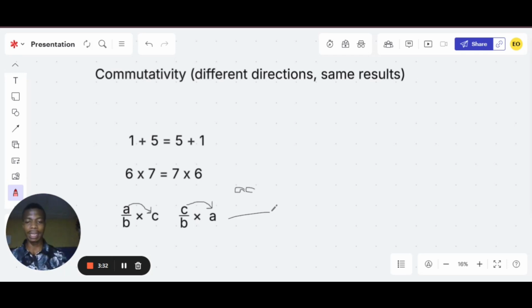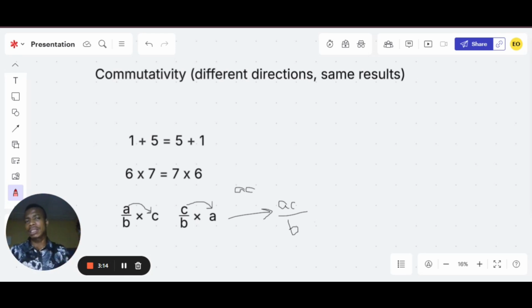So in any instance, you're going to have AC over B. However you approach this situation, you're going to get AC over B.